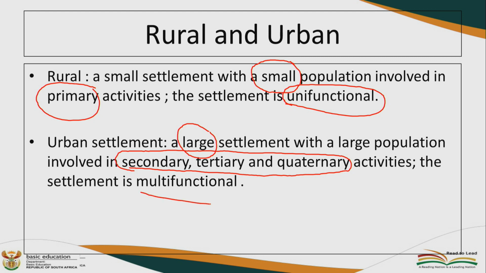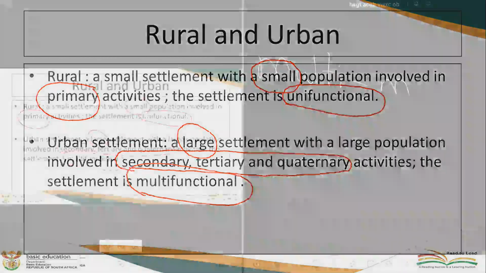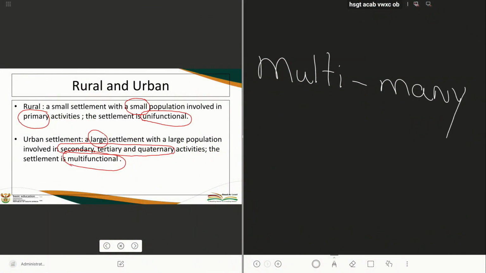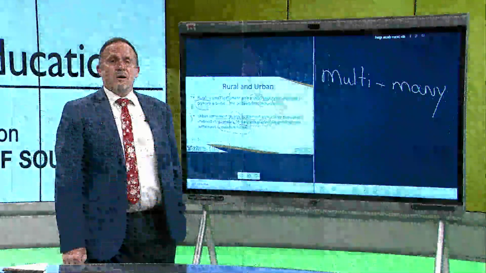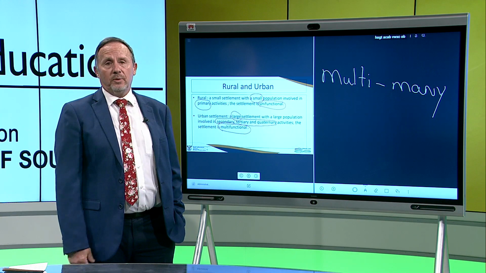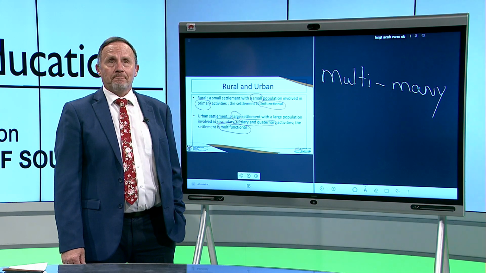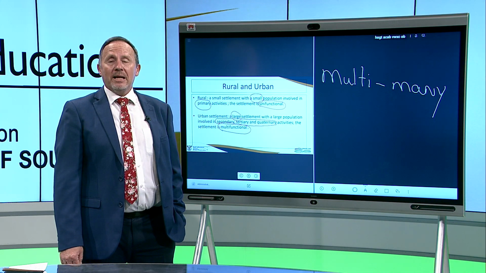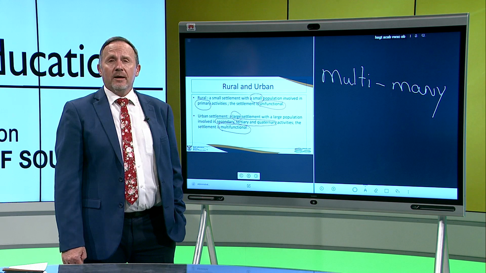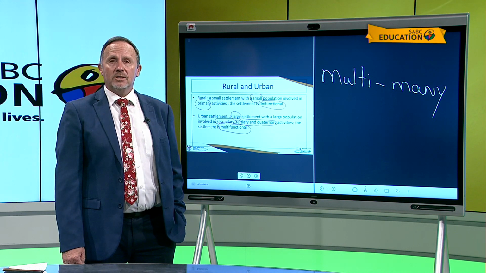And then here's the word multifunctional. Multifunctional, the word multi means many, many functions. And I think the majority of us, particularly in the Gauteng province, are in urban areas, and we are used to many, many functions, many of them varied and sometimes very highly specialized.